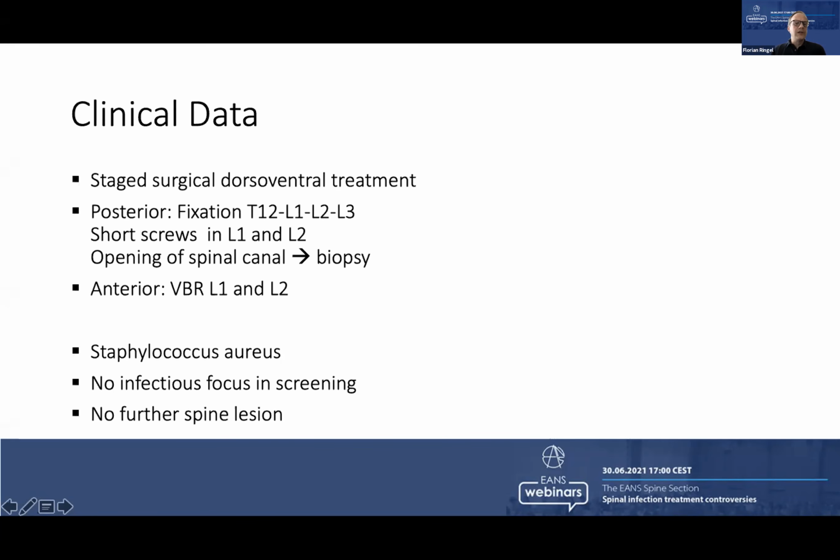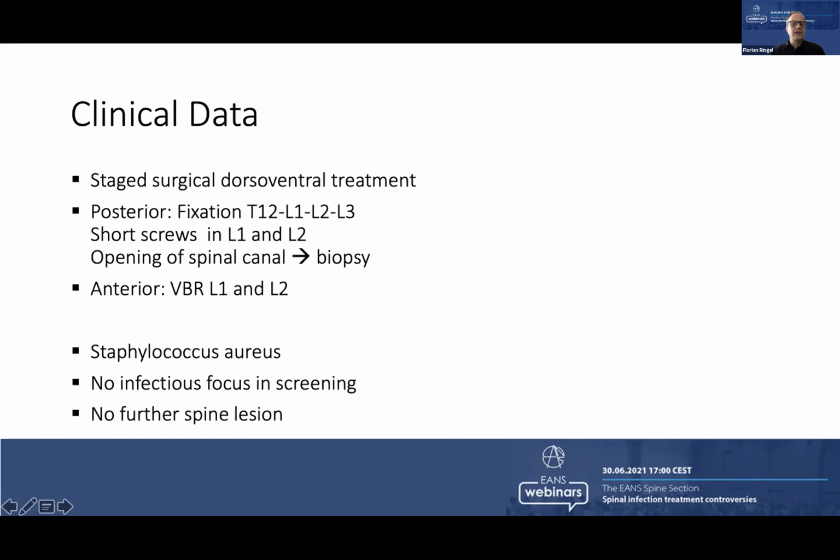Then we went anterolateral approach, partial vertebral body resection and vertebral body replacement of L1 and L2, bringing in the distractable titanium cage. The diagnosis was that it's a Staphylococcus aureus infection, as most of those spondylodiscitis cases are.